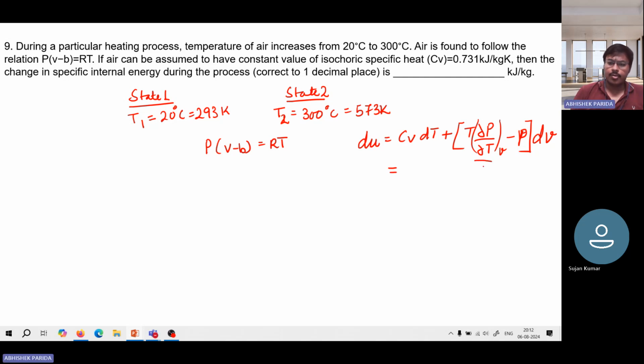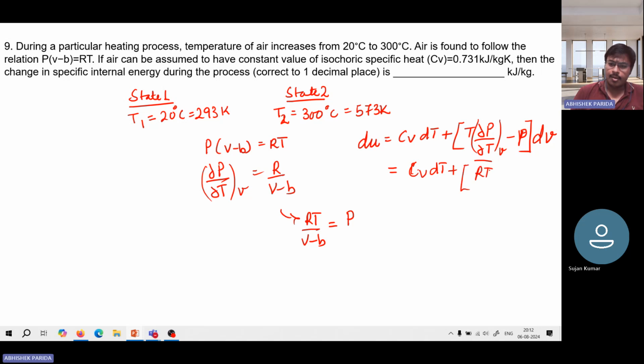Now we have to calculate this one. What is ∂P/∂T? When you take ∂P/∂T at constant volume, it will be R/(V−b). When we multiply with temperature, RT/(V−b) comes as P. So it is C_v dT plus [RT/(V−b) − P] ∂V.